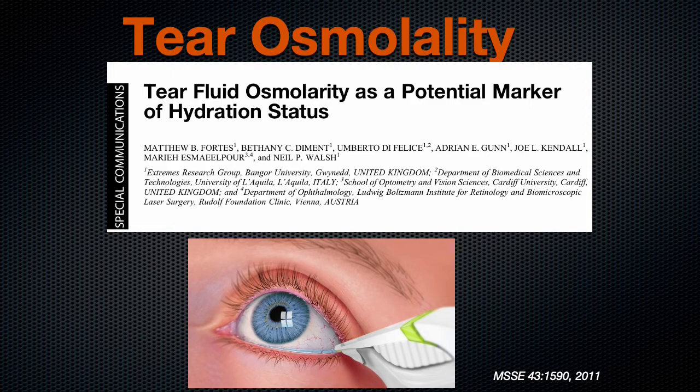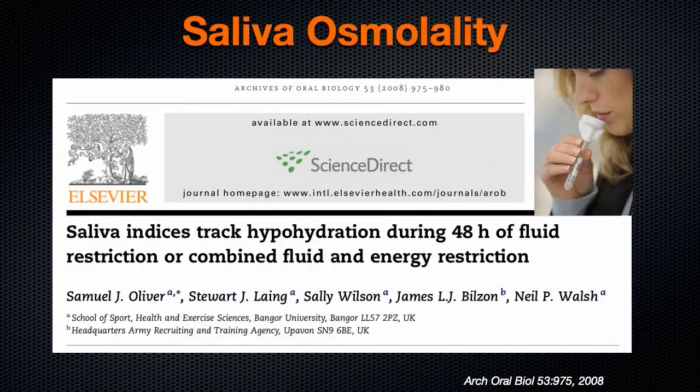Tear osmolality could be a potential marker of hydration, especially when you have a significant percent of dehydration. Saliva is another option, and we know that when we get dehydrated, we run out of saliva, or our saliva becomes much thicker.